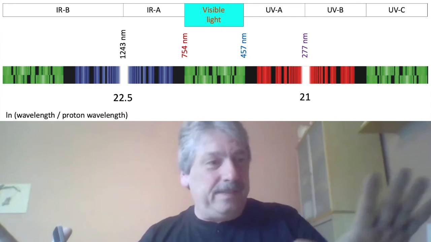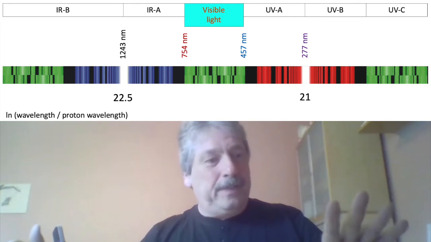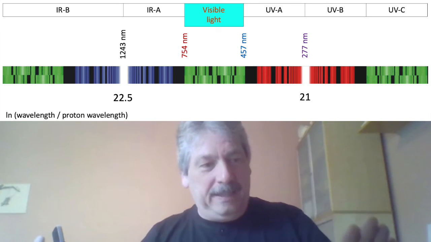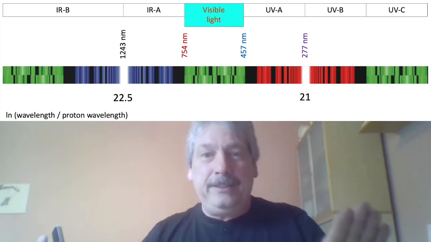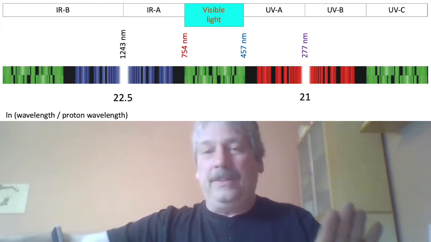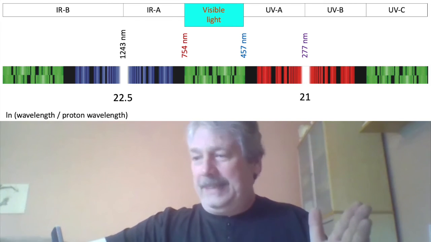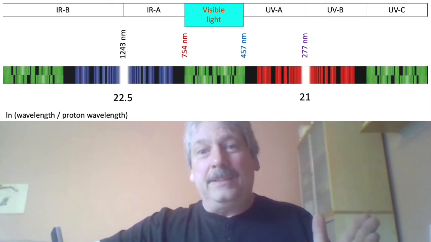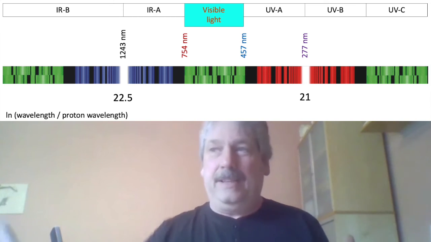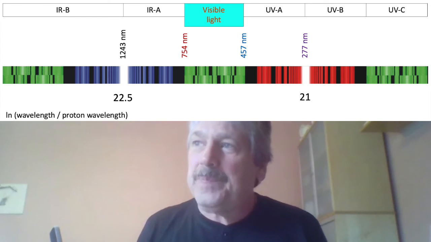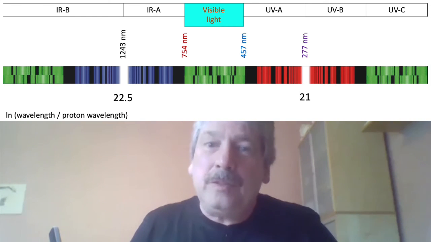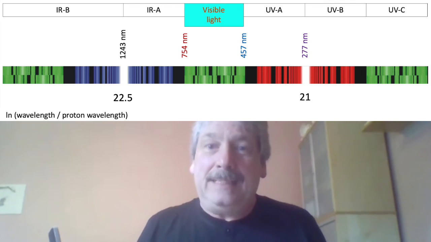And then one of the bigger nodes is in the IR range for infrared light, for heat. And the next one on the other side of that area is the ultraviolet. And that's also very interesting because there is a node at 277 nanometers.